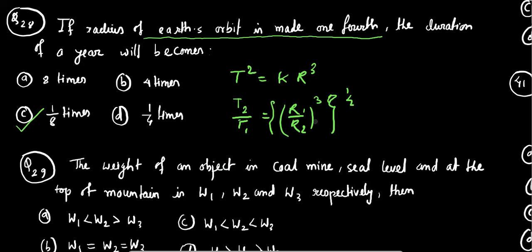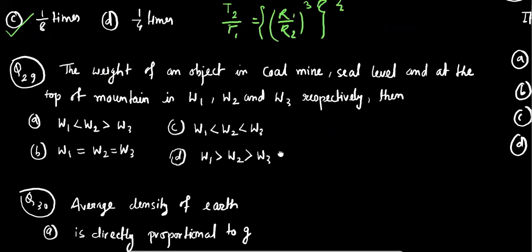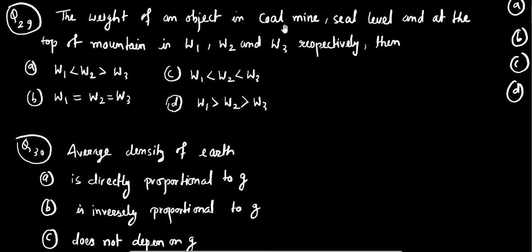Well, we are now heading towards question number 29, and in question number 29 it is said that the weight of an object in a coal mine, at sea level, and at the top of the mountain is W1, W2, and W3 respectively, then which is correct?